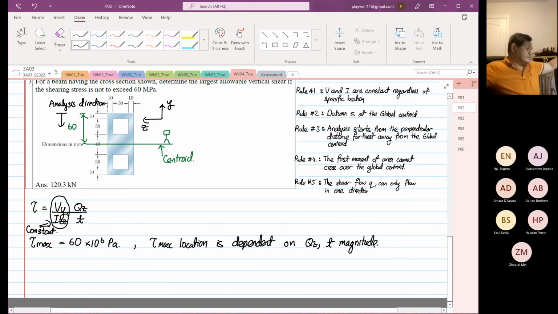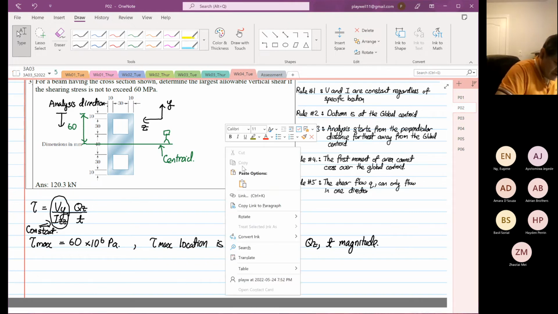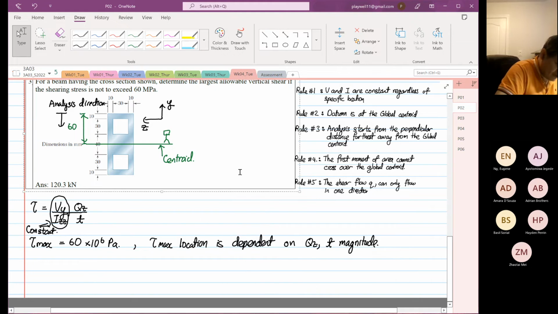The trick is that tau max is dependent on Qz over t. So what do I mean by that? That's where this course requires analysis. The formula is straightforward. The analysis is not difficult, but it requires more practice.